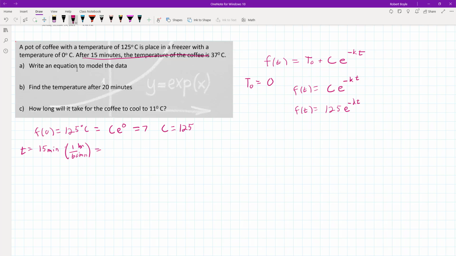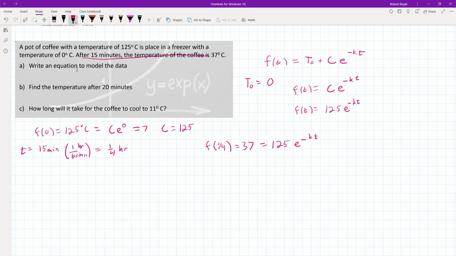This will be equal to 1/4 of an hour. All right, so we have that f of 1/4 of an hour is equal to 37 degrees Celsius, which is equal to 125 e to the negative kt.